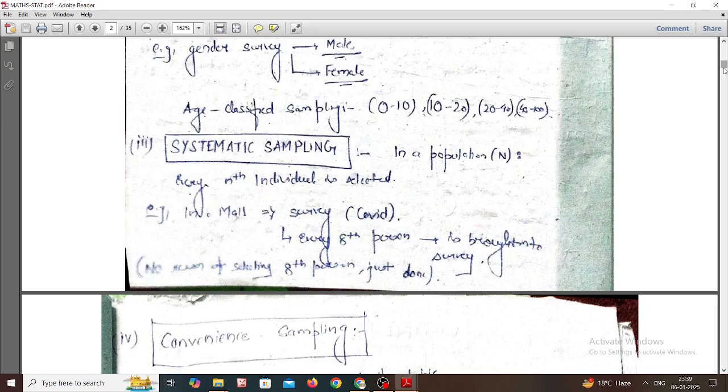In that case, if we are denoting them as 1, 2, 3, 4, 5, 6 and so on to 10, we may pick 2 and 9, or we may pick 1, 2, or we may pick 3, 7 and so on.